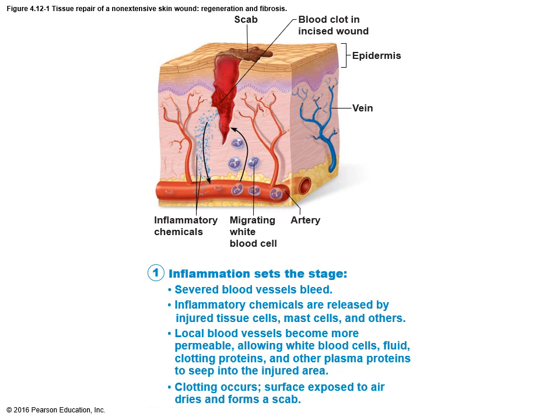So here you can see that you have a piece of skin and there is a little wound that's hurt. So you have the little scab that starts. You can see that there's blood in the injured site. In the first step, what we're going to see is a massive amount of inflammation, which allows chemicals to be released that will allow white blood cells to start migrating over to the site of injury.